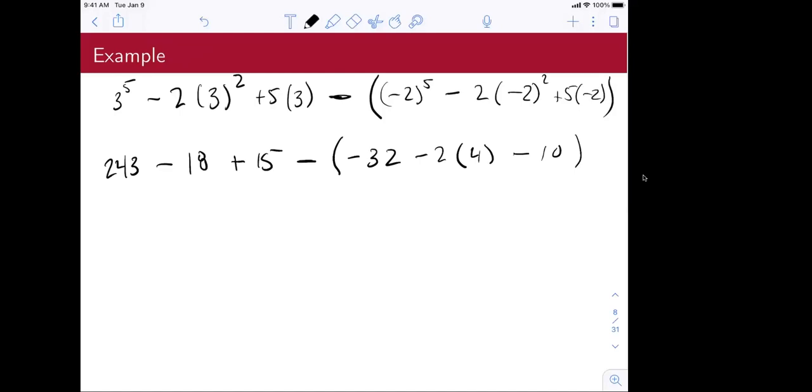Well, minus 18 plus 15 is minus 3. So 243 minus 3 gives me 240 from these terms. Minus, well, minus 32 minus 8. That's minus 40. And then minus 10 gives me minus 50.